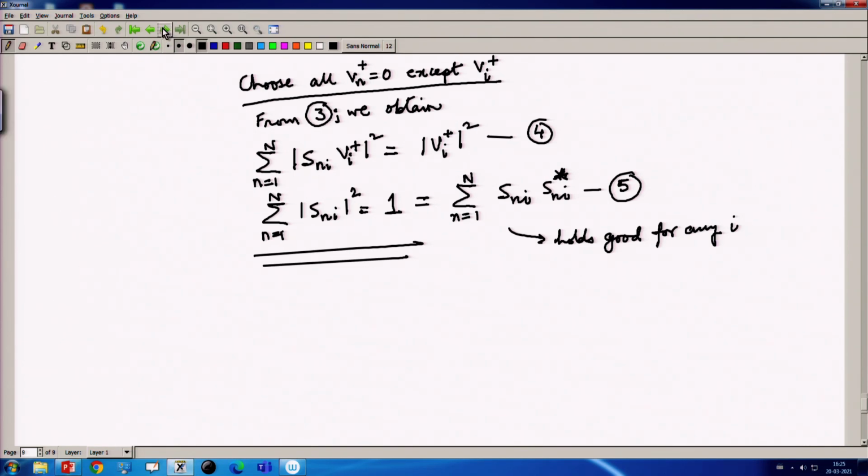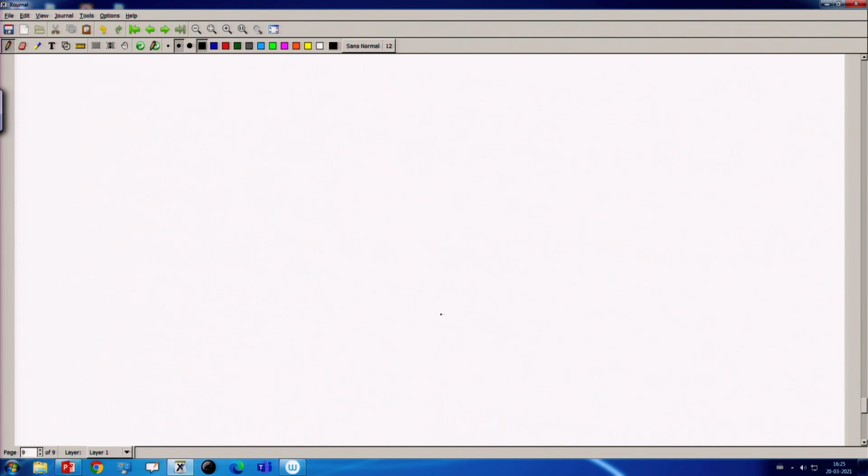We go to the next proof, and for that we will choose all V n to be 0, all V n plus to be 0 for all n except n is equal to s and r. So, we write that. So, this is chosen.